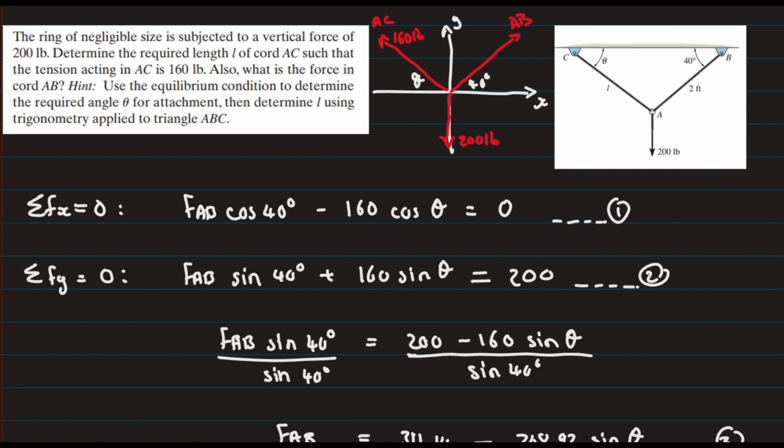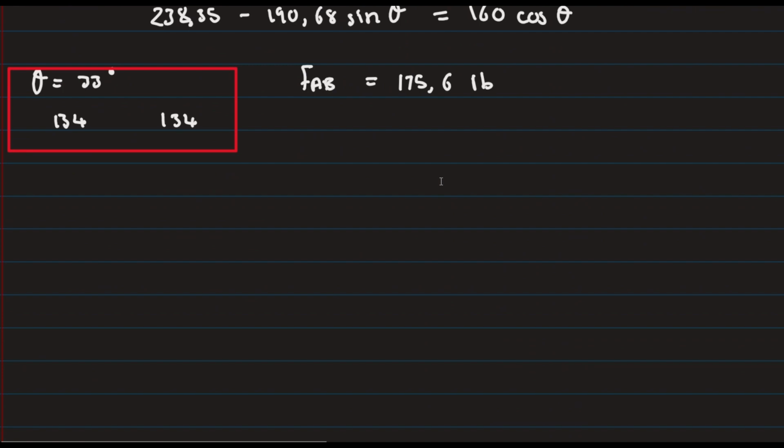So now that we have found the force, all we have to do now is to determine the length of cord AC using trigonometry. So we have to use the sine rule.